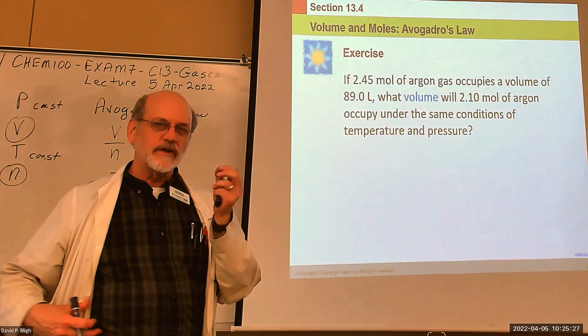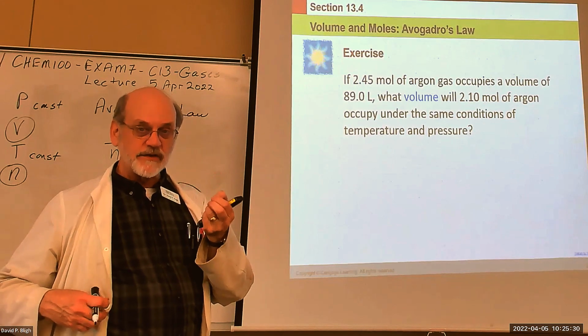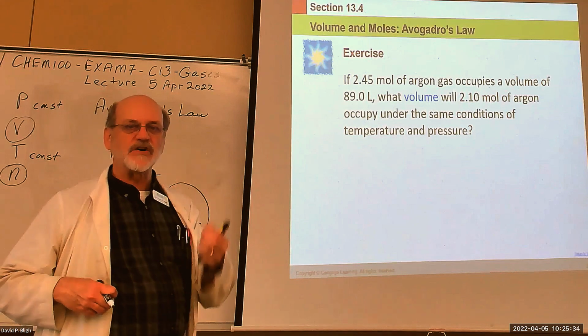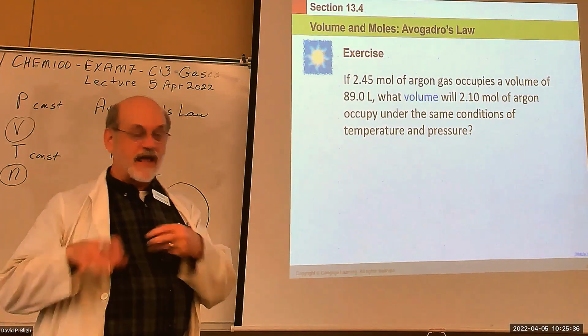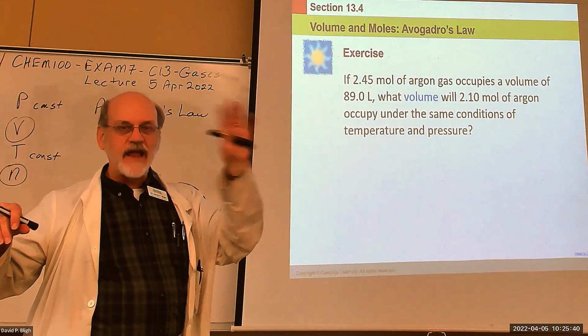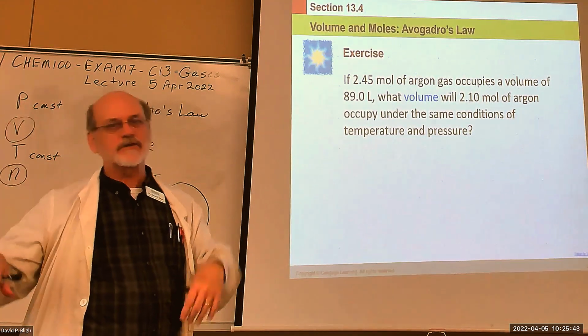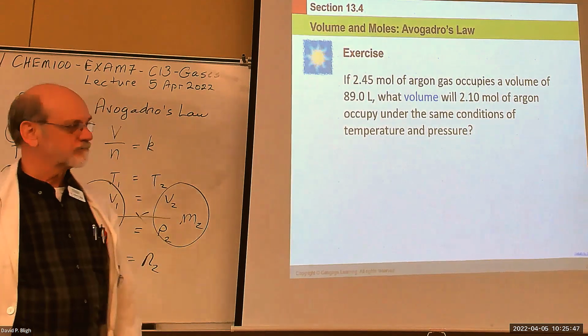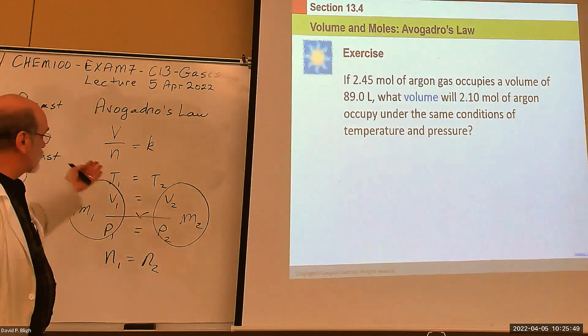The only one that's really picky about the units is temperature. Whenever you have temperature, it must be Kelvin. But everything else can be whatever you want it to. If it starts off in liters, the answer will be in liters. If it starts off in milliliters, the answer will be in milliliters. Because they're ratios, right?